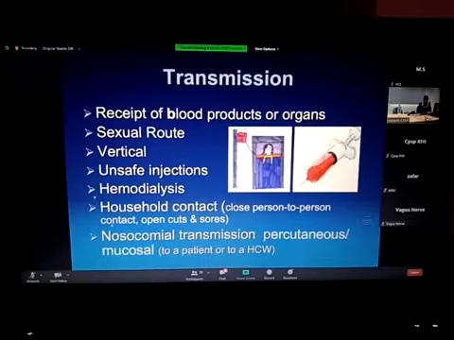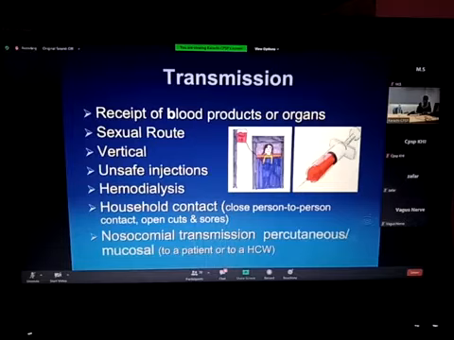Transmission, I'm pretty sure you all know, blood and body fluids are the primary route. In addition, sexual transmission, and vertical transmission from mother to child. If the mother is infected, then transmission is bound to happen. Use of unsafe injections, especially in IV drug users or in low-income countries where safe injection practices are not very robust.